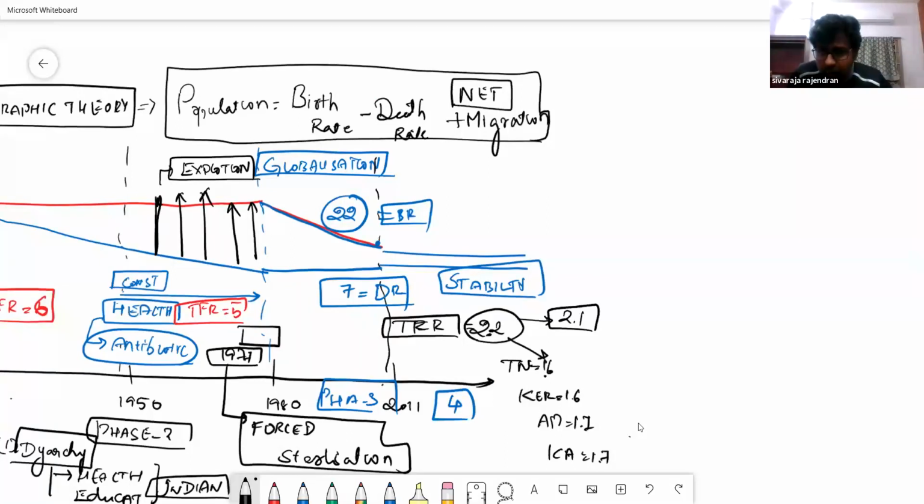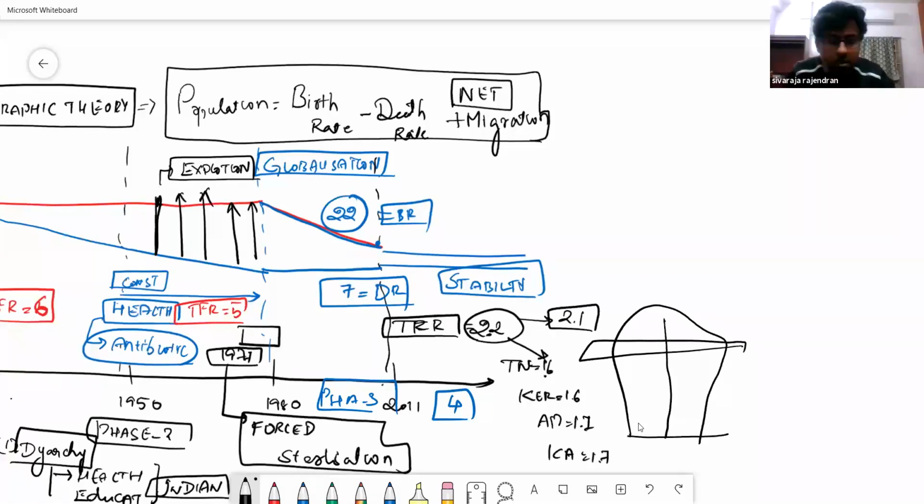And that is why you will have a picture like this. The old people will increase because the total fertility rate is less and they are not being replaced by people born. That is why Russia, Japan, Germany are having this.